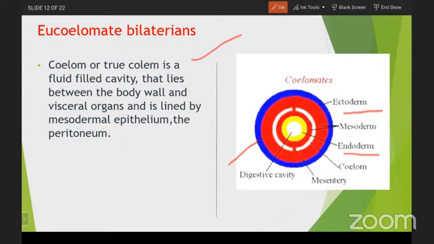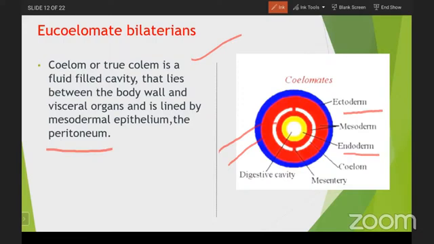The white color portion, which is known as the coelom, means the mesoderm has some space that is lined with the epithelium, which is called the peritoneum. Peritoneum is the epithelium which is covering the mesoderm region. This is about the eucoelomates. The organisms which have the coelom are eucoelomates.